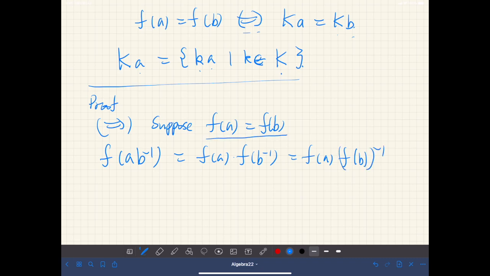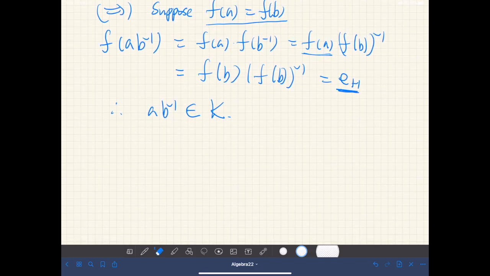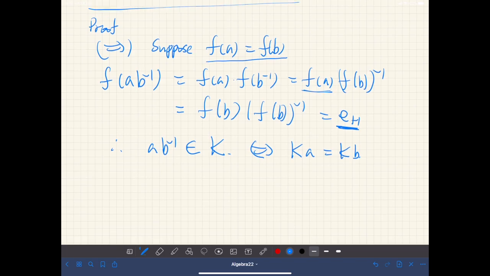But since f of A is equal to f of B, this is the same as f of B and f of B inverse, so this is equal to the identity element of H. So this means A B inverse is an element of the kernel of F because it's mapped to the identity element of H. So by a previous theorem, this is equivalent to Ka equal to Kb. So the only if part is done.